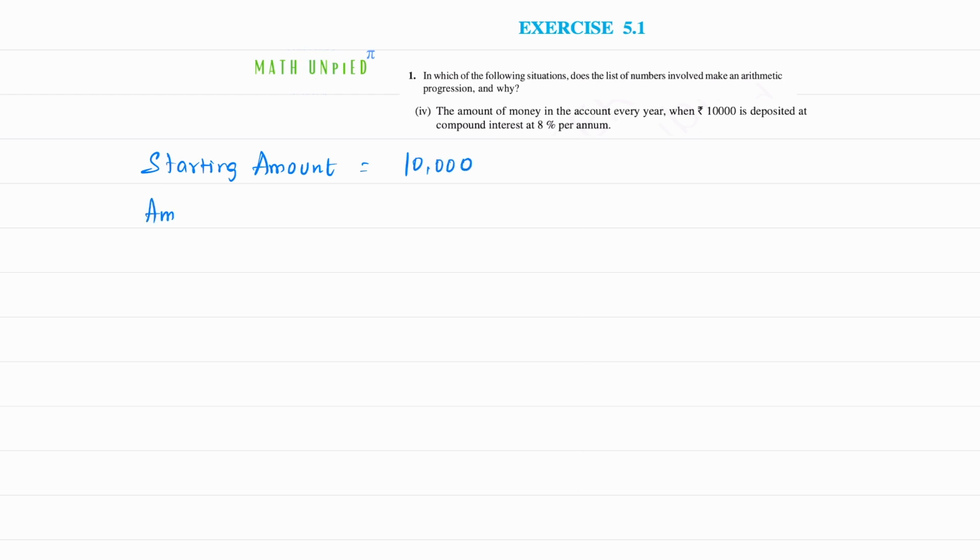Amount after 1 year is given by the formula A equals P into 1 plus R over 100 power n, where R is the rate of interest, n is number of years, and P is the principal. And so if you apply this formula, it will be 10,000 into 1 plus 8 over 100 power 1. So this is 10,800.